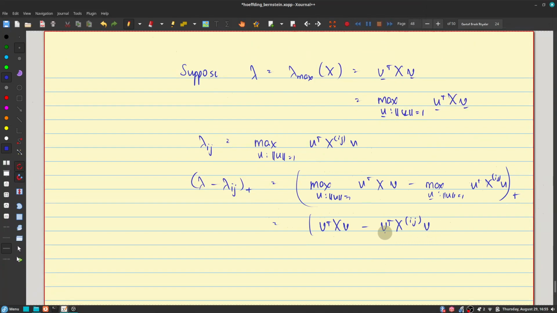This quantity can only be less than V transpose X V. So these two are U's. Okay, let me perhaps change this to W if you're having confusion.